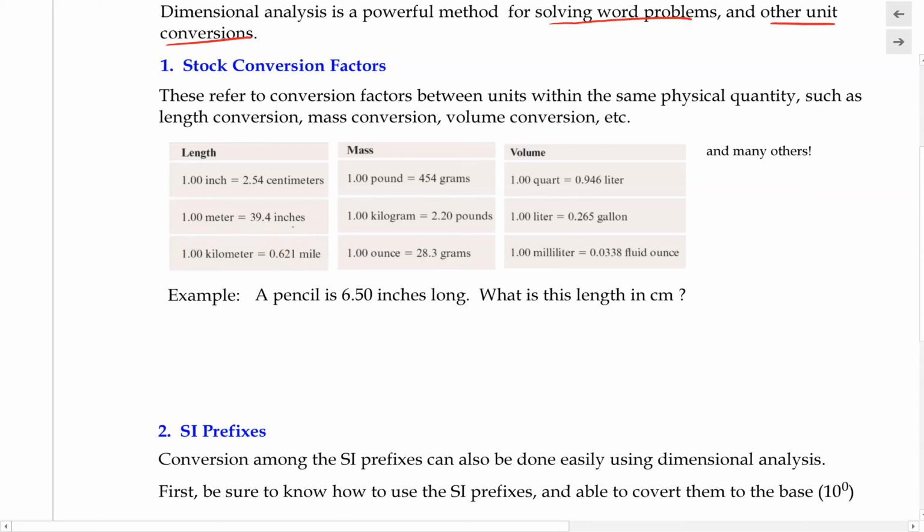Let me just repeat this: on exams and quizzes, this conversion factor right here will be given to you. However, the conversion factor among the metric system, for example, 1000 milliliter equal to 1 liter, those will not be given. But conversion factors between the metric system and the English system will be given to us.